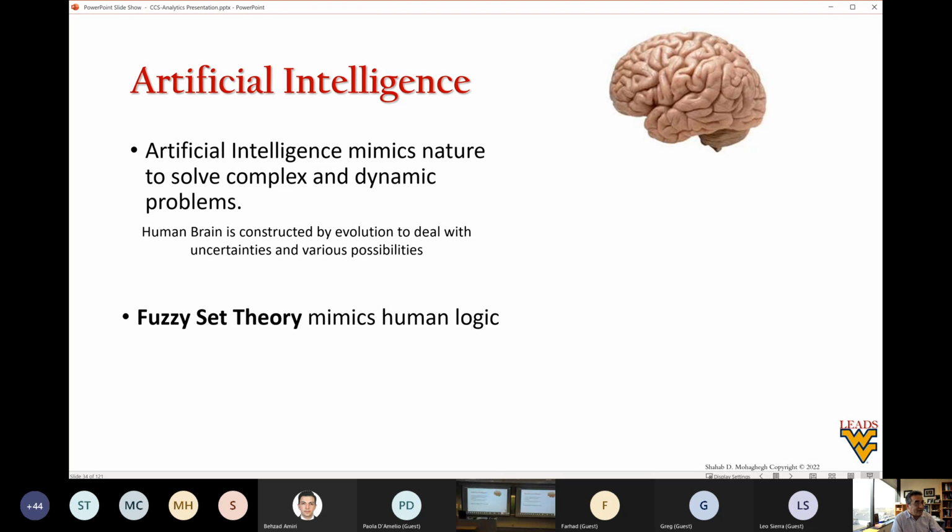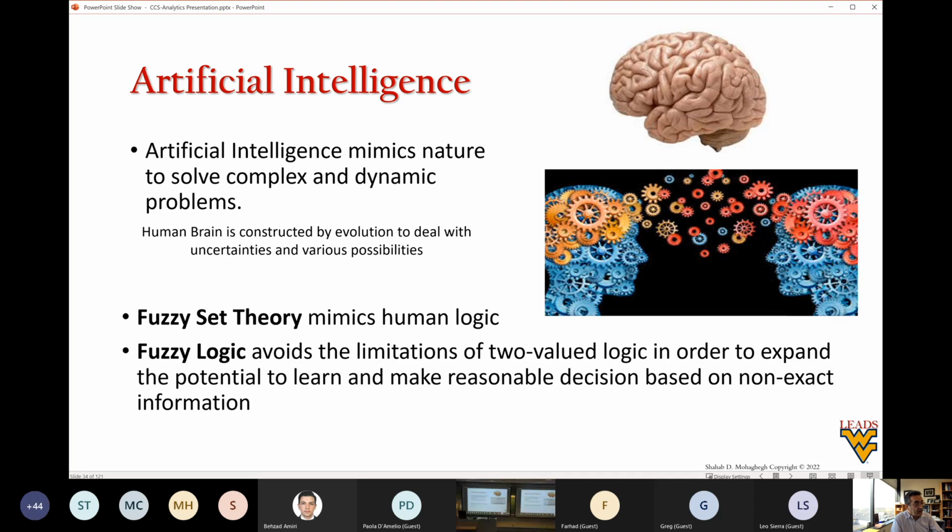For fuzzy set theory, it mimics human logic, not human neurons. Fuzzy logic avoids the limitation of two-valued logic, Aristotelian logic. That's the difference from statistics. It expands the potential to learn and make reasonable decisions based on non-exact information. The human brain does not make decisions based on yes, no, black, white, 0, 1, up, down, two-valued logic.